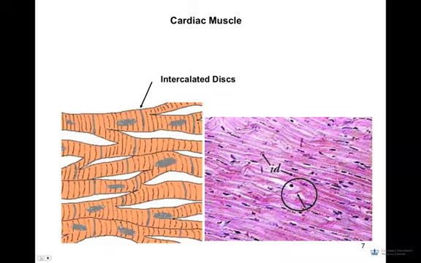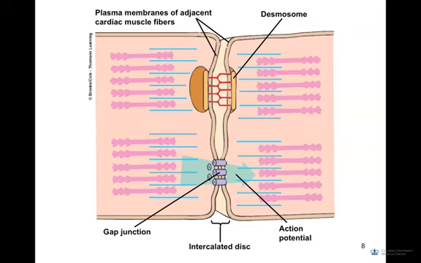If we take a closer look at what one of these intercalated discs looks like, we are going to find two key structures located in these intercalated discs. Number one, we find a protein anchor called a desmosome.